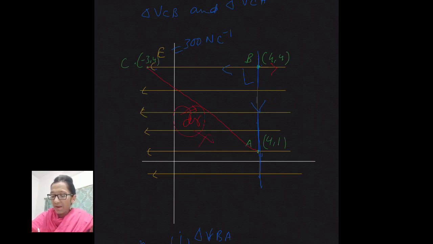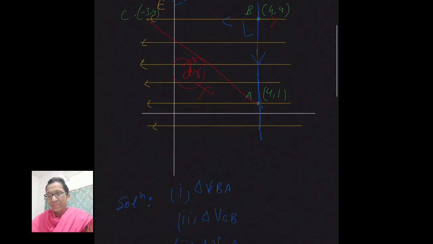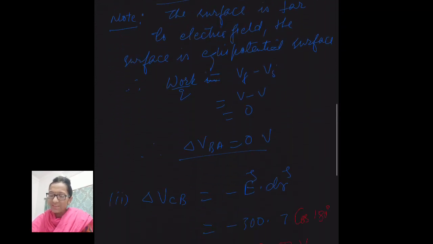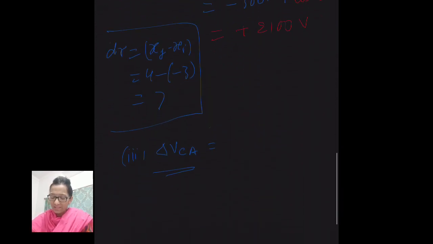So in such cases, you will see that the point A is on the same equipotential surface as B. So work done will be the same. Therefore, no work done in bringing from point B to point A. As potential, they are all the same potential.